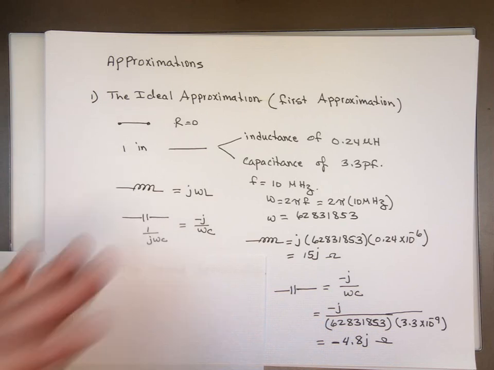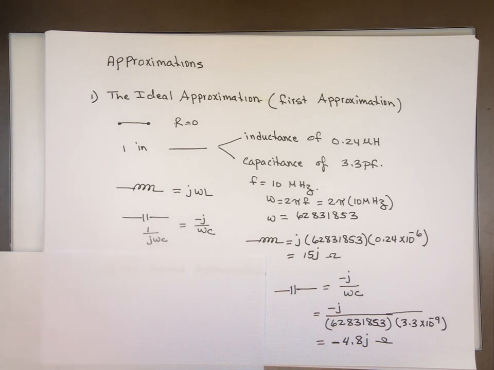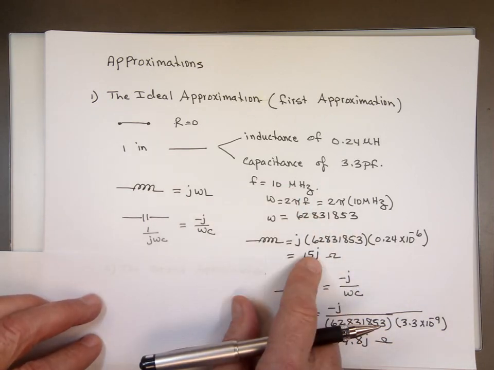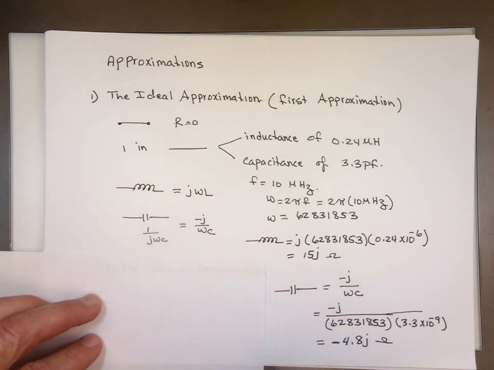So imagine if we're working next to a radio station. That's what happens to us here on campus, with our radio station right next to us. Our frequency is 90 megahertz. So you put in 90 megahertz here, and these numbers are magnified much larger. So we can't really neglect the resistance of these wires or the impedance, the capacitance of these wires.